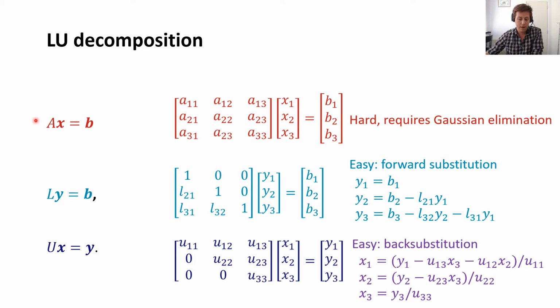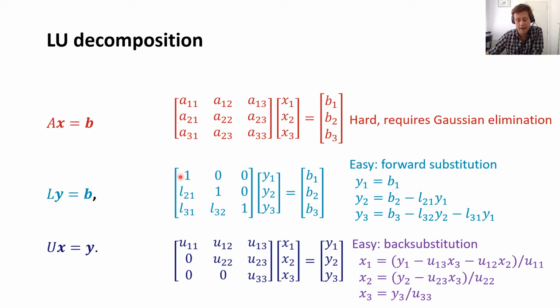Because if we look at our initial system, this hard to solve system with a dense matrix A, solving this is hard because it requires Gaussian elimination of the matrix A. Whereas this system Ly = b, with L a lower triangular matrix, can easily be solved by forward substitution.